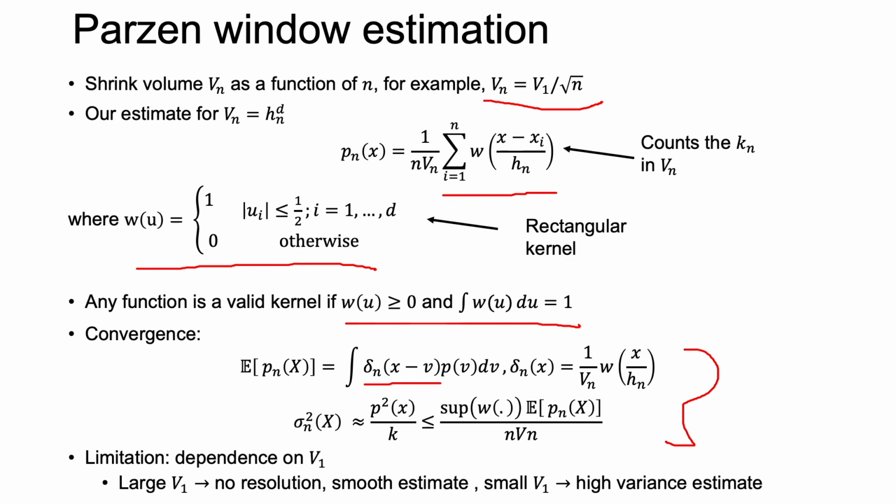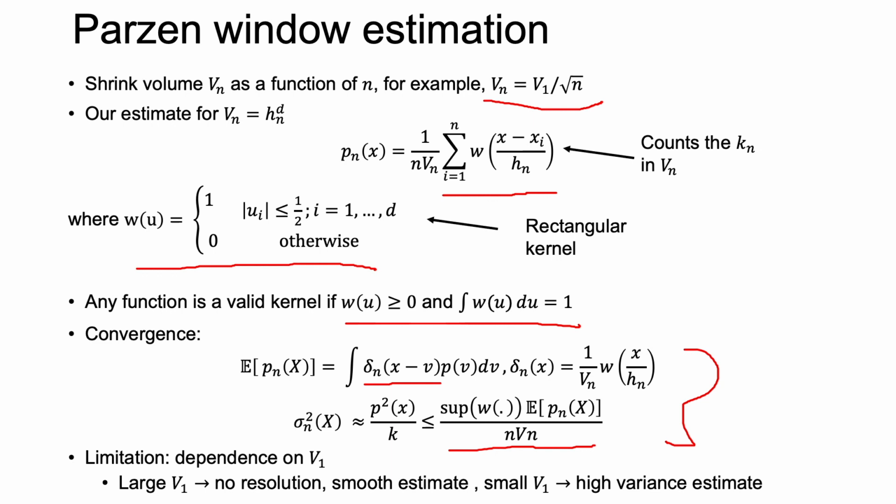And the upper bound of variance will be given by this expression. So if n V_n tends to infinity as n goes to infinity, then the upper bound will be 0 and variance will be 0. Hence, as n tends to infinity, and if volume V_n goes to 0 and n V_n goes to infinity, these two values converge, and our estimate will converge to the true PDF.